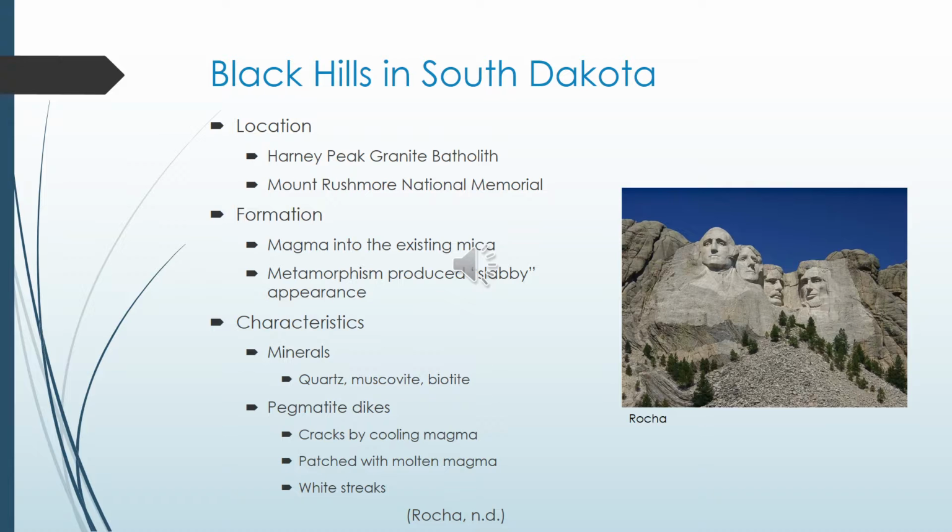Some cracks developed as a result of the cooling of the magma and were later patched with molten magma, resulting in pegmatite dikes, filling the fractures and the areas of weakness in the granite. You'll see white streaks on some of the presidents' foreheads, and those are from the patching of the magma and are called pegmatite dikes, and that's what caused those.